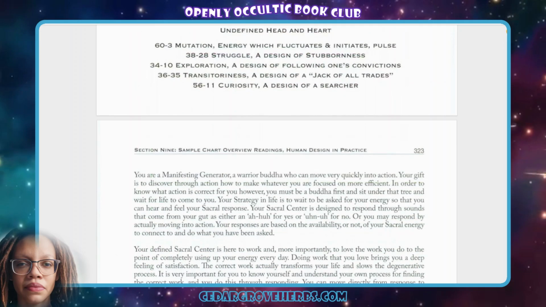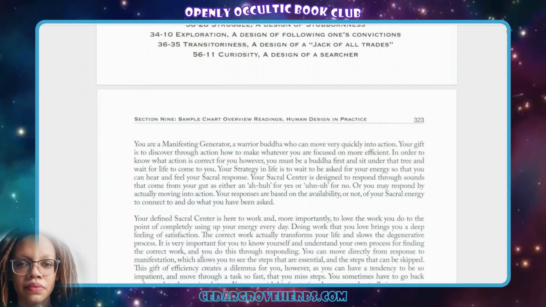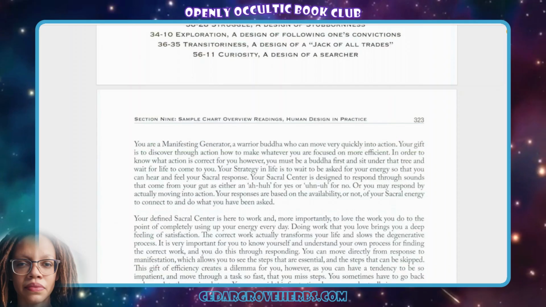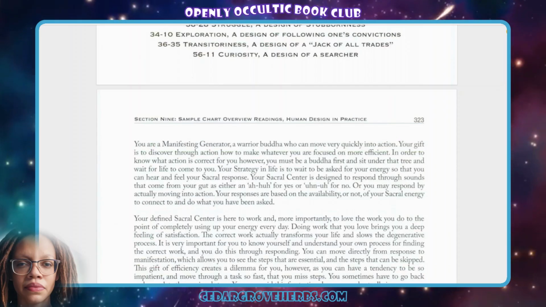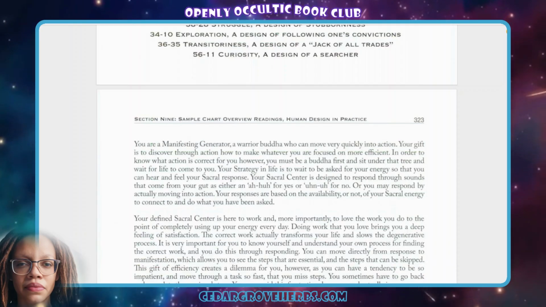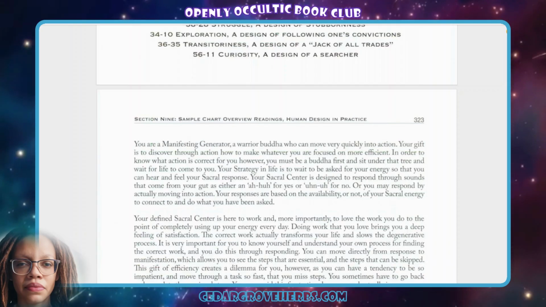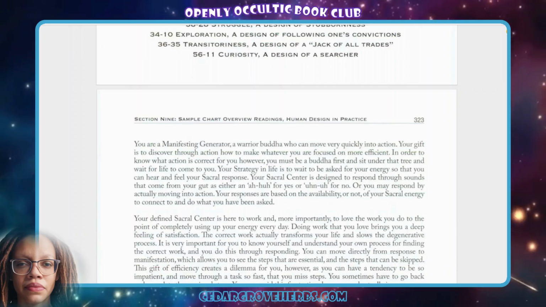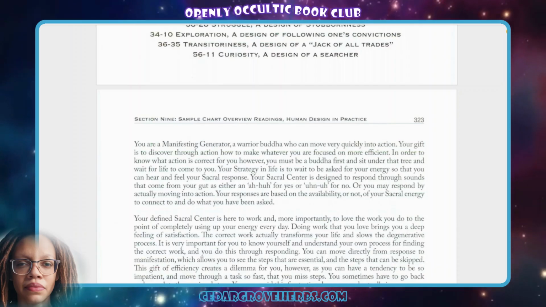You're a manifesting generator, a warrior Buddha who can move very quickly into action. Your gift is to discover through action how to make whatever you're focused on more efficient. In order to know what action is correct for you, however, you must be a Buddha first and sit under that tree and wait for life to come to you.